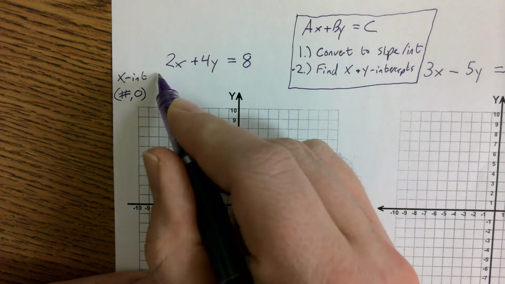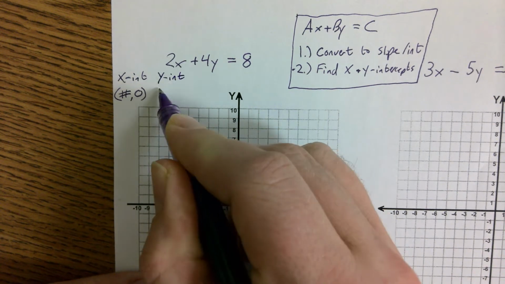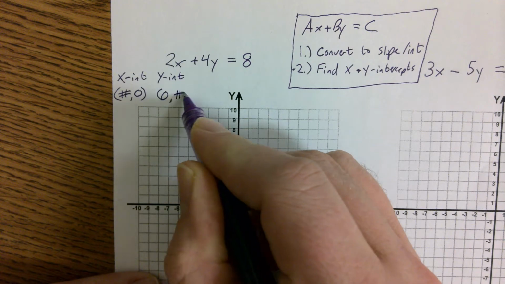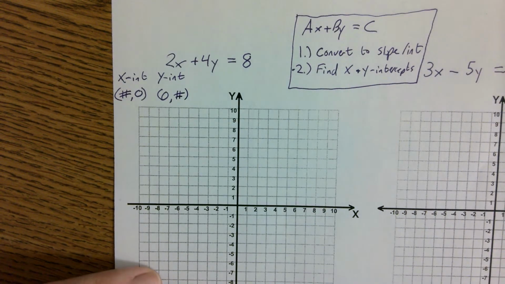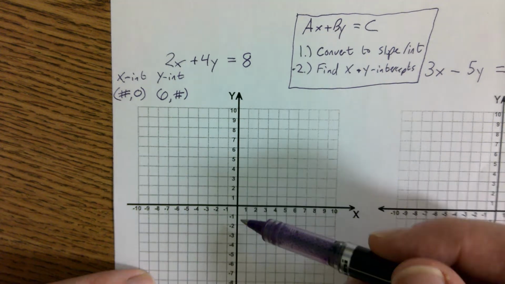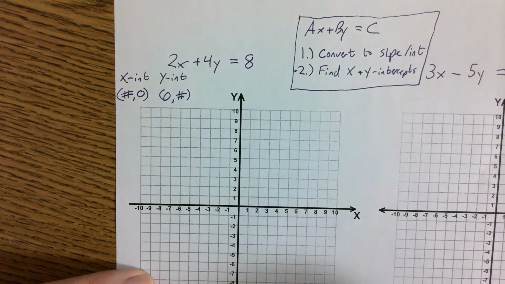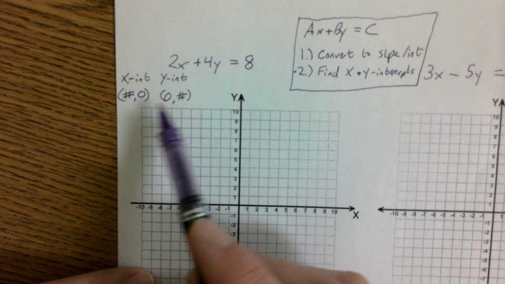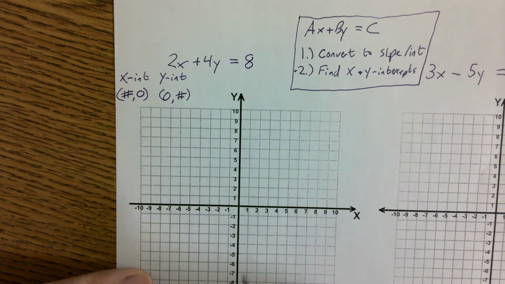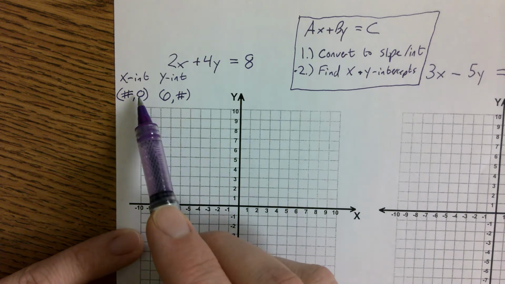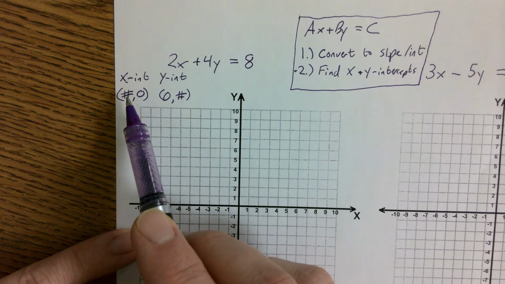And conversely, the y-intercept always has a 0 in the x value and some number in the y position. So that tells us we aren't going left or right, but we are going up or down. So we're going to use that to our advantage. When we are finding these x or y intercepts, we are going to put a 0 in for the variable we're not working with, and then just solve for the one we are.